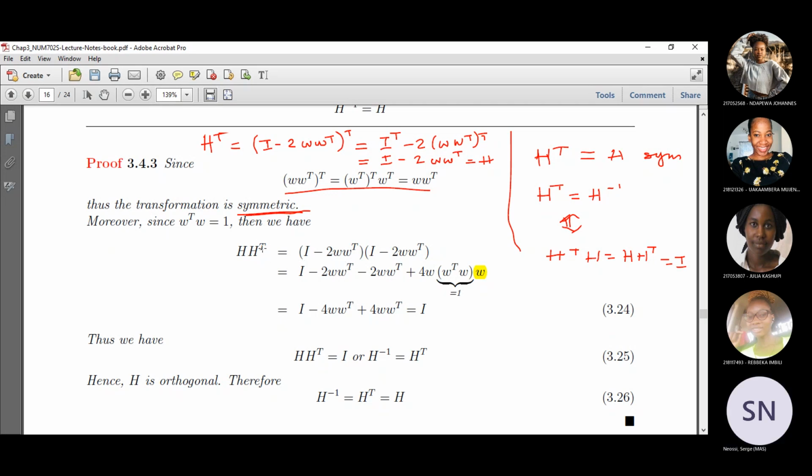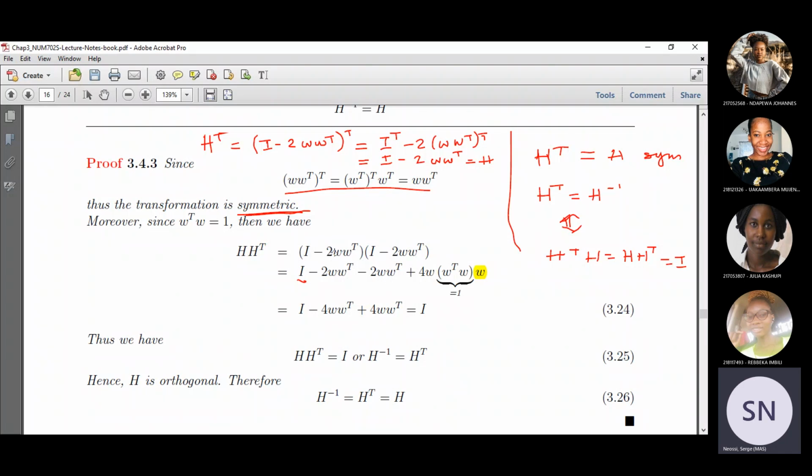We know that H transpose, because it's symmetric, is H, right? We use that result, and that's what we have here. And now we expand this, the product of two matrices. So the first I times I is I. And then we take I into negative 2 W W transpose, it is the same, because I is neutral, right? It's identity. And then we take negative 2 W W transpose into I, it gives us negative 2 W W transpose.